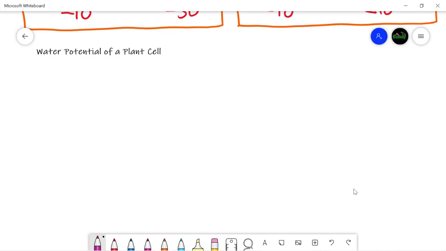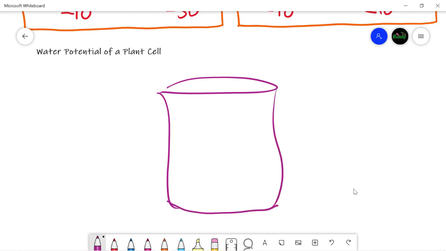In the previous videos we have discussed the concept of water potential, and mostly, as you have seen, we have taken hypothetical examples. In the last video we have a beaker in which we have placed a container.